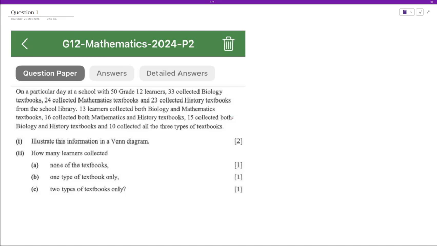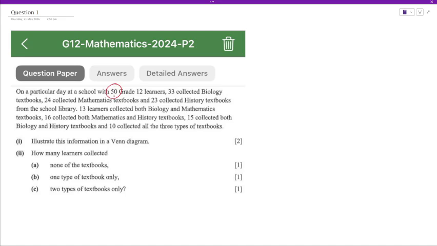So if we read through the question, let us now start pulling some information from what we have been given. They say, on a particular day at a school with 50 grade 12 learners, they give you the total for the Venn diagram.